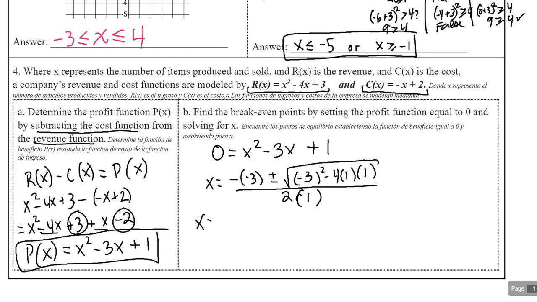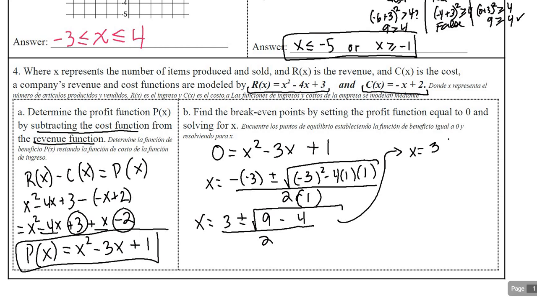This becomes x is equal to positive 3 plus or minus the square root of 9 minus 4 all over 2. That's x is equal to 3 plus or minus the square root of 5 all over 2. So we have the break-even points for these, and that's it.